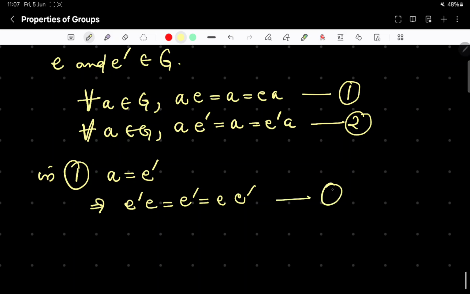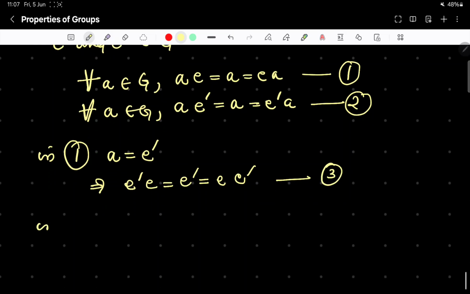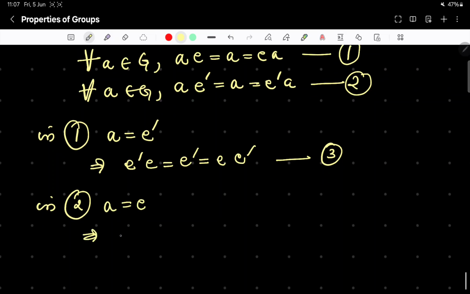Okay, let it be equation number 3. Now in 2, let's put A is equal to E. Then what happens? That becomes E E dash equal to E equal to E dash E. So let it be 4.